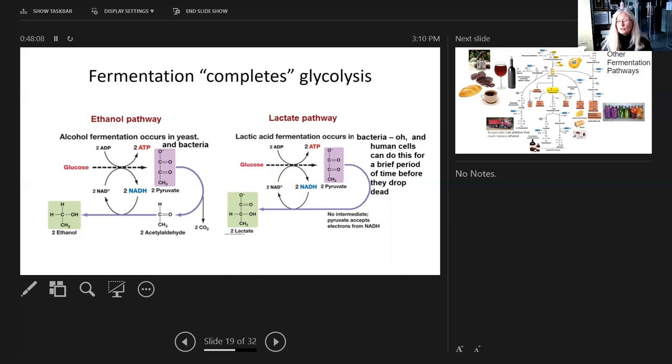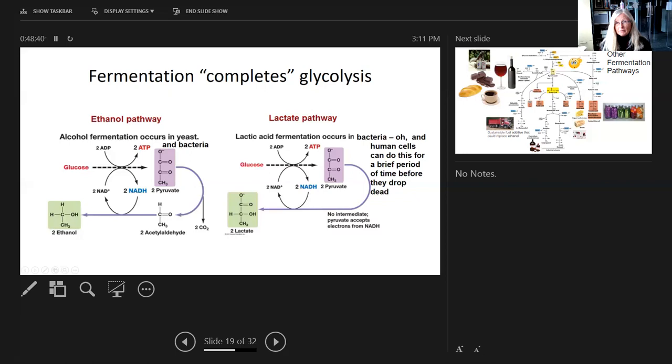It can be consumed, and it in fact is the type of acid that is responsible for the transformation of milk to yogurt and yogurt to cheese and that sort of thing. So the chemistry is just a little bit different. Again, here's glycolysis. There's our pyruvate. Here's our unhappy NADHs, and the NADHs give them right back to pyruvate, and chemically speaking, we form this product.